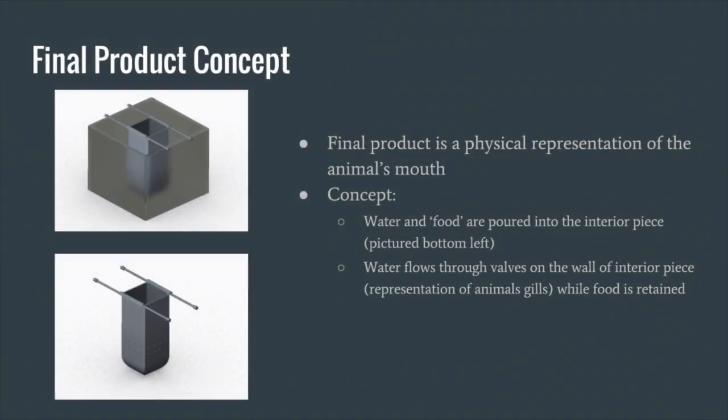Seen here are two pictures of our final product concept. The top picture is the overall product, and the bottom picture is a closer look at the interior of the product.